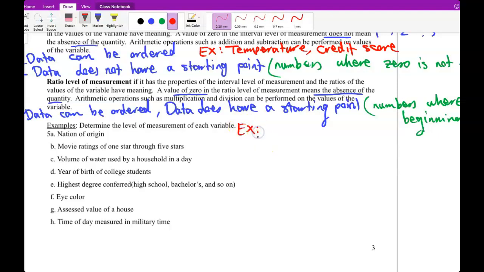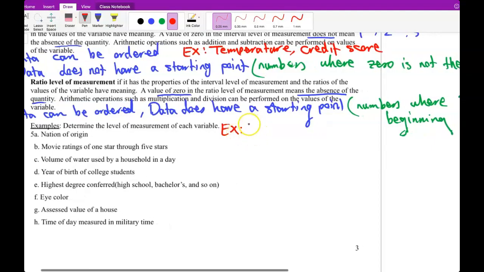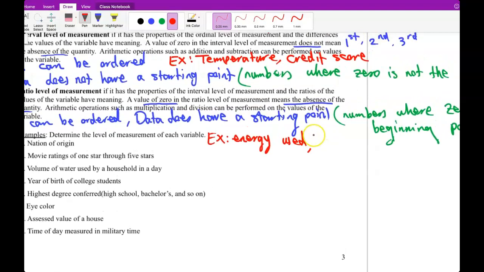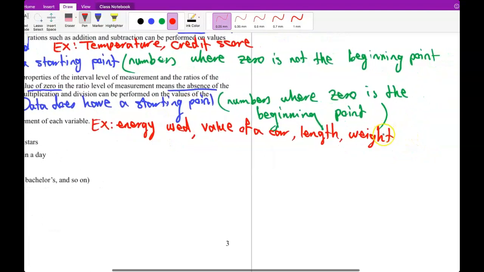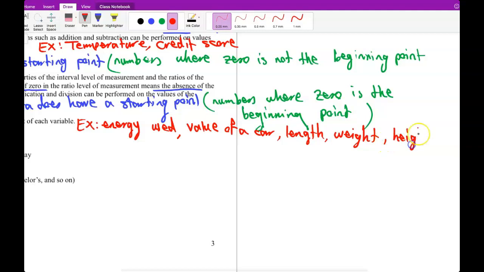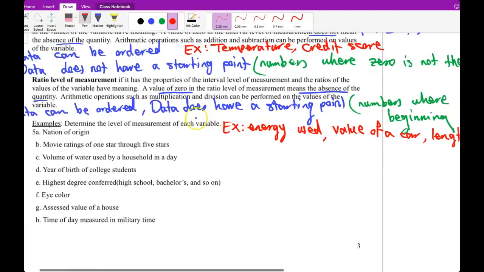Okay, examples for that part. You can have energy used, value of a car, weight, height, so we can have many. All these are examples for that part.